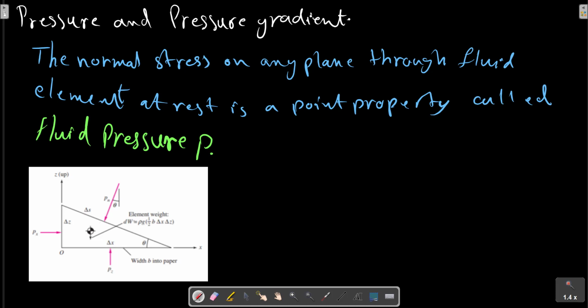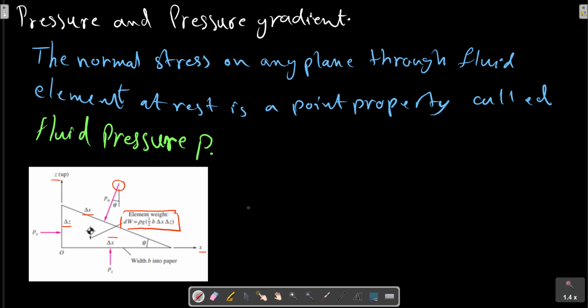So we have the dimensions here, delta s, z direction, x direction, and three pressures, hydrostatic pressure on an element of fluid, and also the weight of the element as in this picture. We can write the equation of equilibrium.